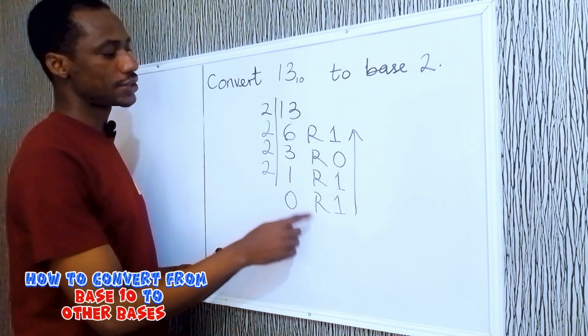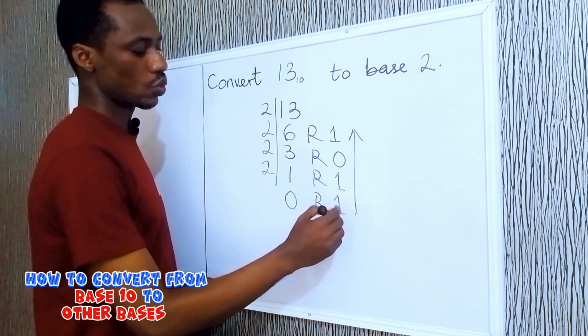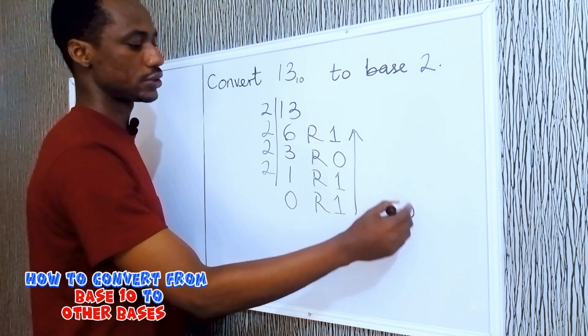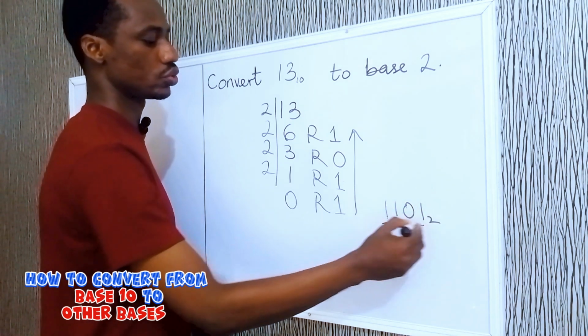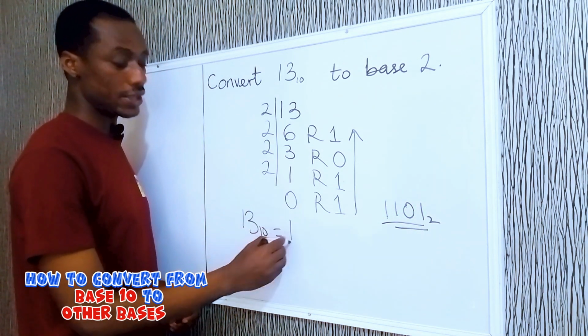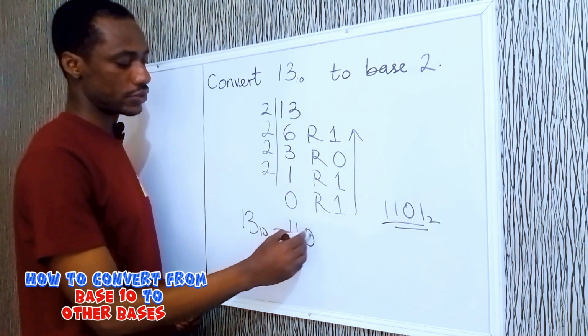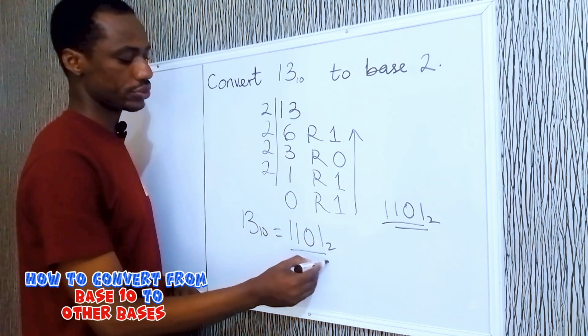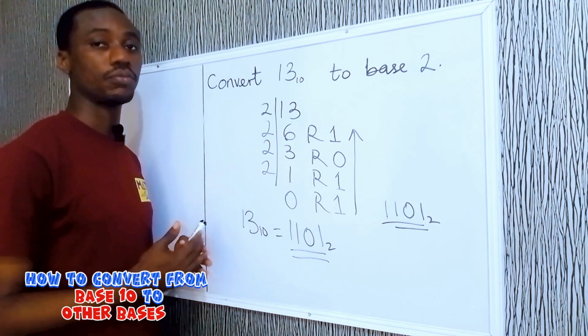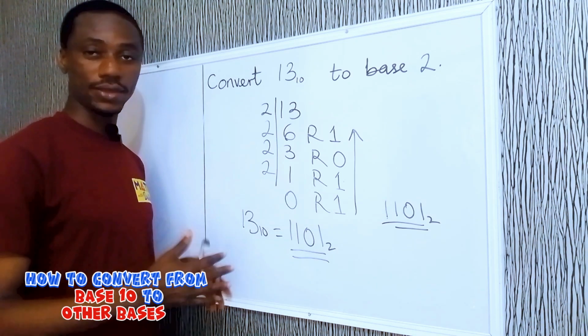So our answer to this will be 1101 base 2. So 13 base 10 is 1101 base 2. That's how to convert a number from base 10 to any other base.